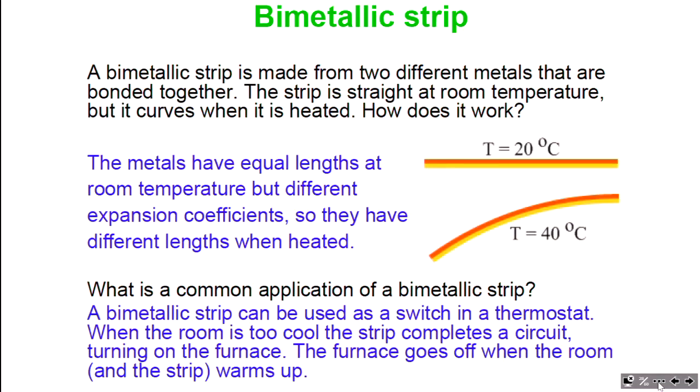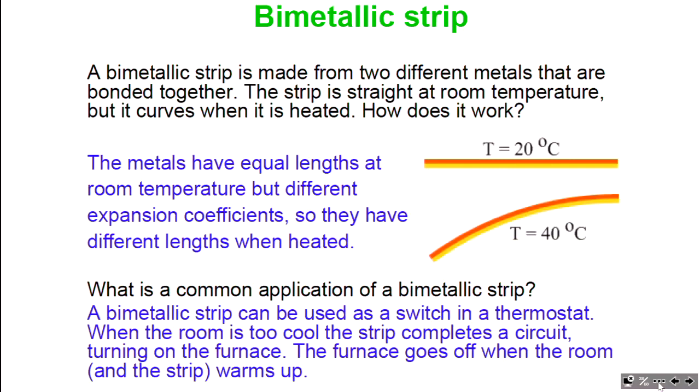But what we can do is weld together two different metals, brass and aluminum, for example. They have different coefficients. And now, if they are warmed by the same degrees, they will expand differently.